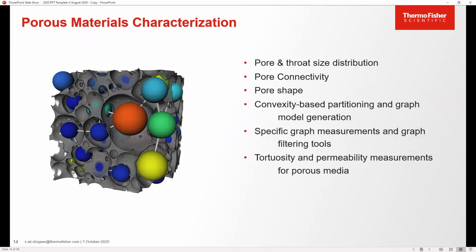Pore network modeling was essentially founded in the field of geosciences to look at the permeability of rocks. That's where it started, but now it has found application in virtually every field of science that deals with porous materials.